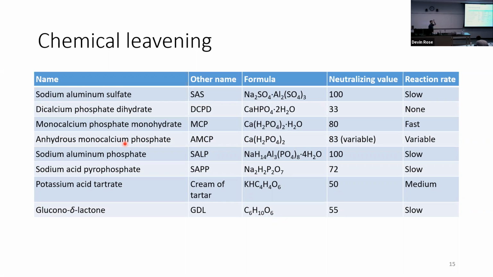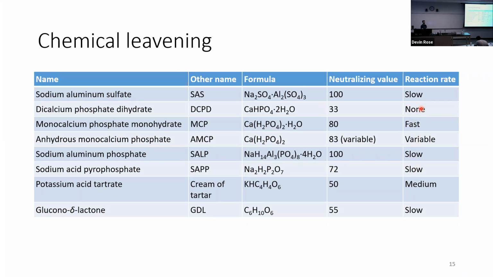So these are all very common acids to be adding to baking powder formulations or baked goods. And you see their neutralizing values here. And I also have the reaction rate. So we have slow acids and we have fast acids. And some here that say none because there's no reaction at room temperature.